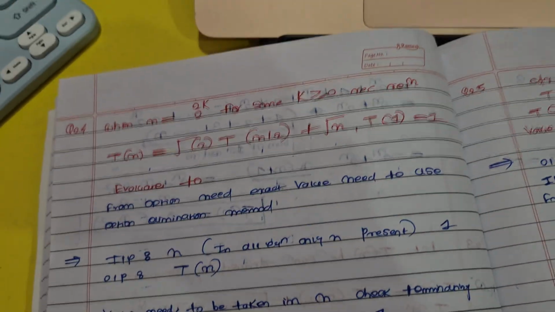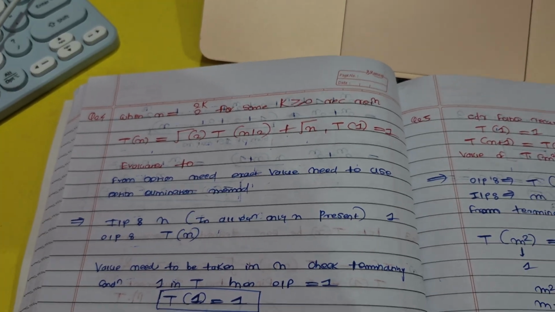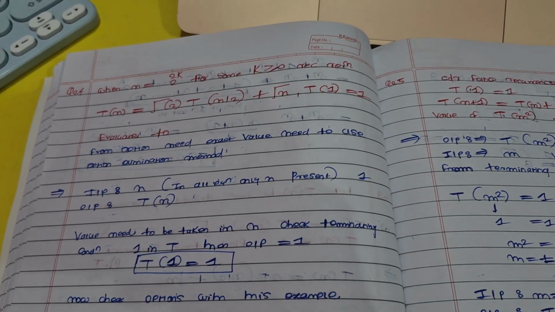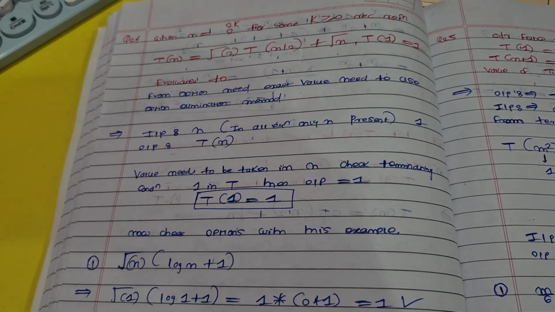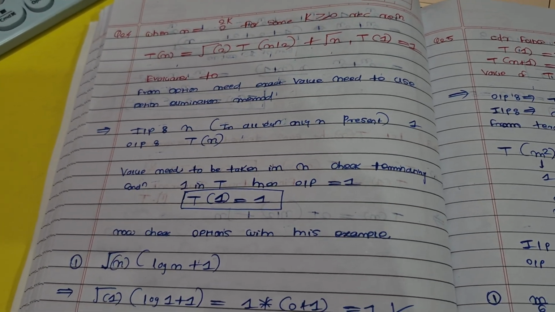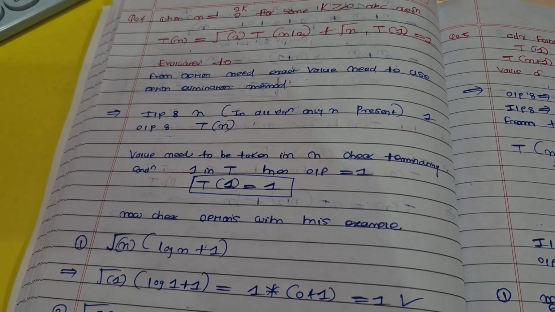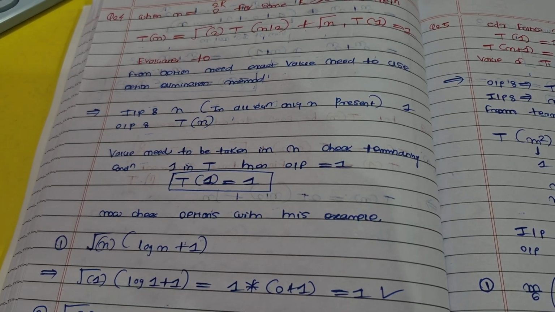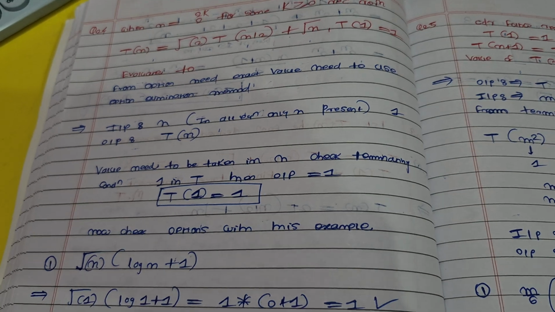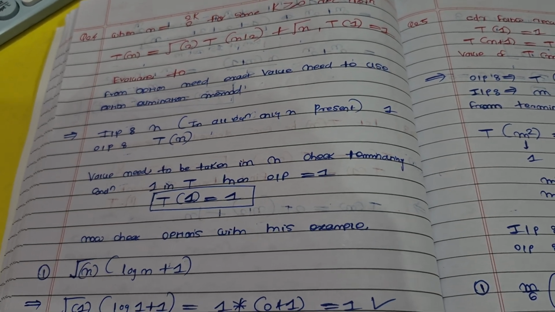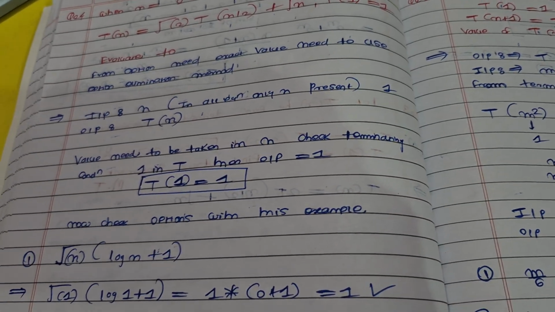And again, this is the question we need to evaluate. There would be two types of values in options: first is the exact value and second is the asymptotic value. From the options you will get to know whether we need to find the exact value or the asymptotic value. For the terminating case, we need to take input and output. To take input, you just see the number of variables in all the options.